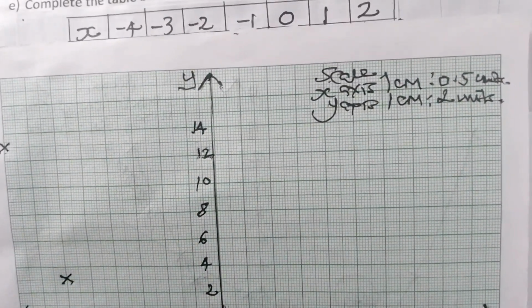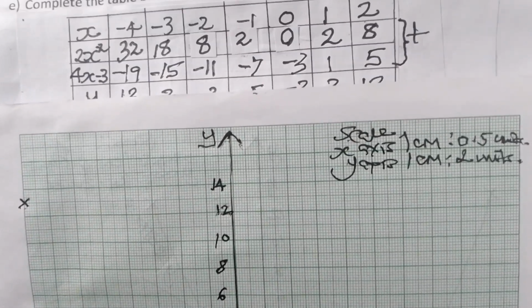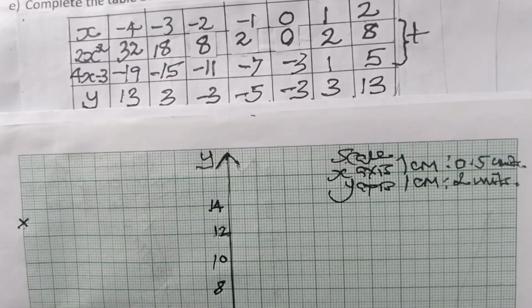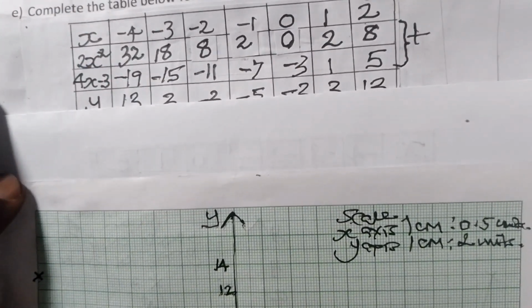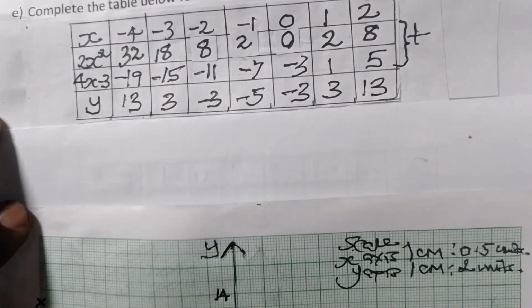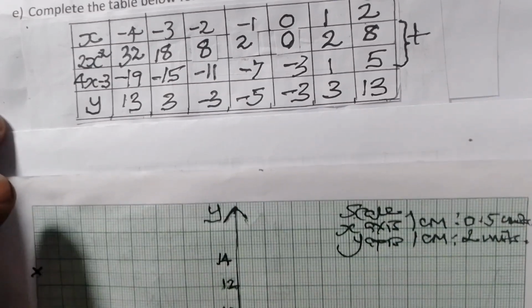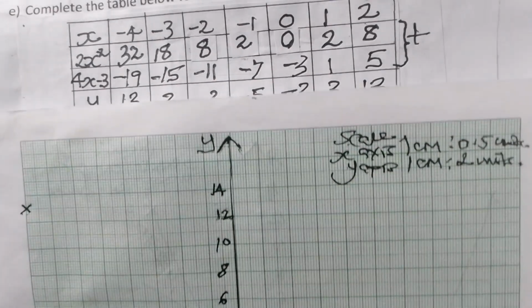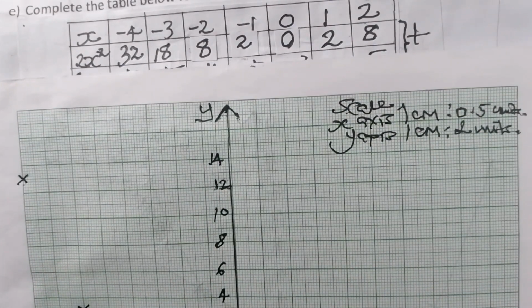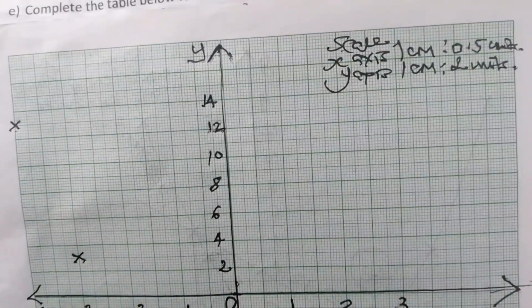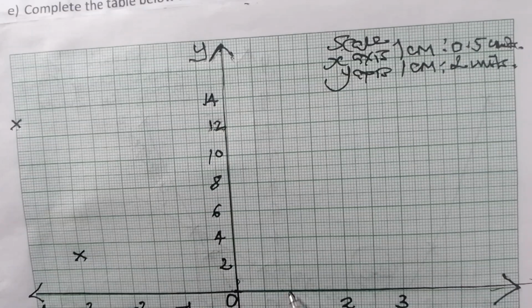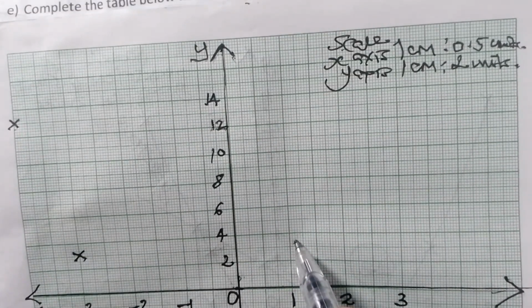When x is 1, y is 3. So 1 and 3. So we have 1 here and 3 will be up here.